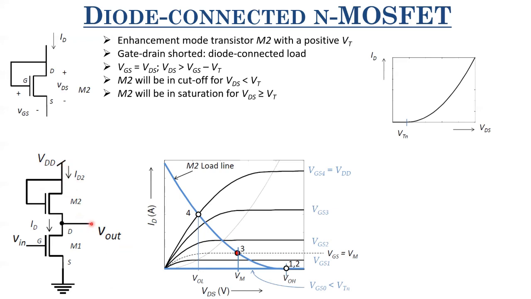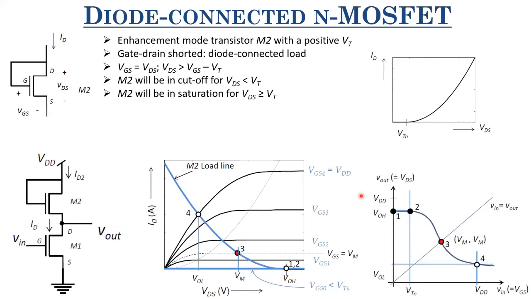So the maximum voltage that the output can achieve is VDD minus VTH, and that is the VOH of this inverter configuration. Now for different values of VGS, similarly, we'll have different intersection points. We'll have a value Vm where VGS equals VDS equals Vm. And then at the intersection 4, we'll have its VOL.